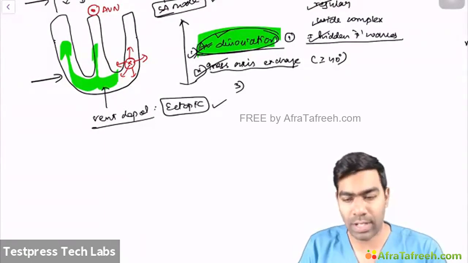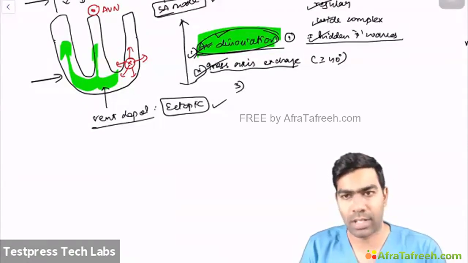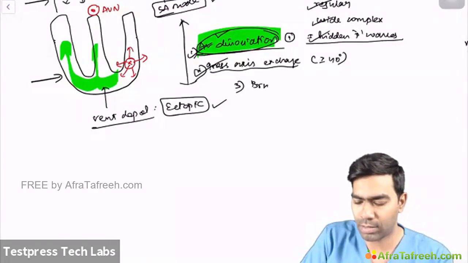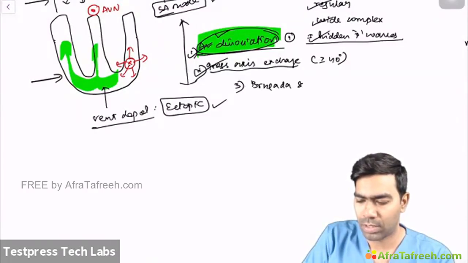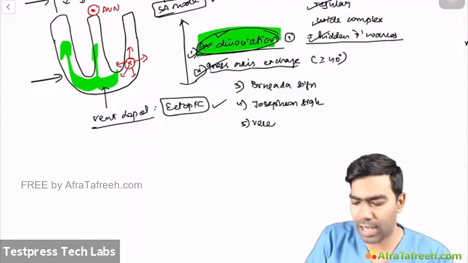Other points that favor the diagnosis of a ventricular tachycardia. A lot of points are there. But let me tell you certain important things. Suppose you have something called a Brugada sign. You have something called Josephson sign. And you have something called Verreki's AVR sign.